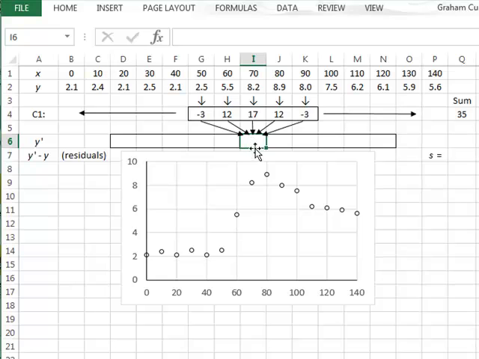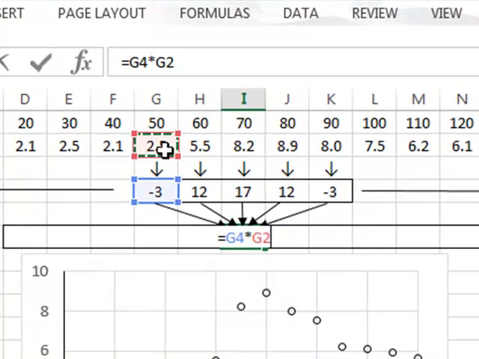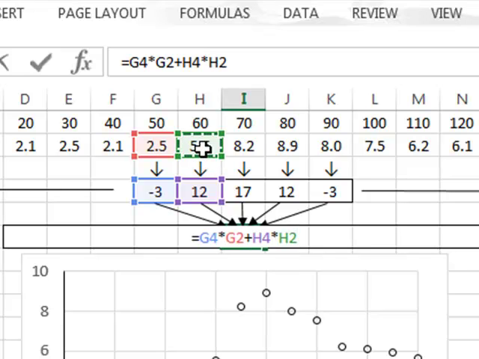The procedure in taking the convolute is then to multiply each convolute value, starting with G4, with its equivalent data value, in this case the y value in G2, and then add the equivalent product for the next convolute value in I4, multiplying by the equivalent data value in I2, and so on for all the other convolute values.